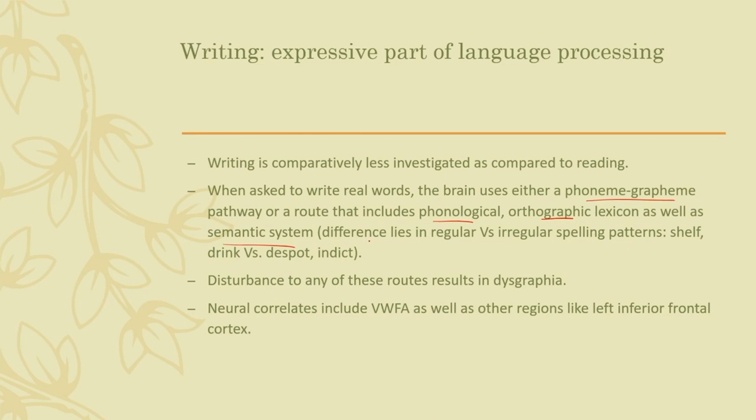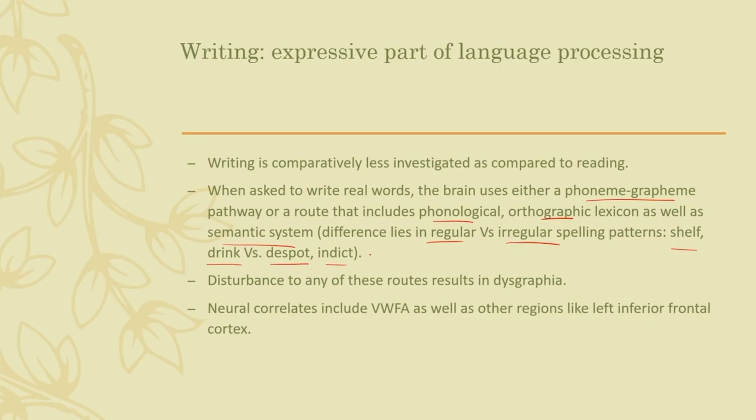Which pathway the writing process will take depends on whether the spelling patterns are regular or irregular. For example, with a regular word you write as you speak, but here we write DESPOT, where the T is silent, and so on. These are called irregular spelling patterns.